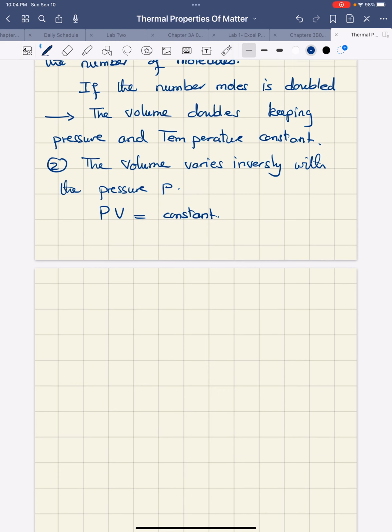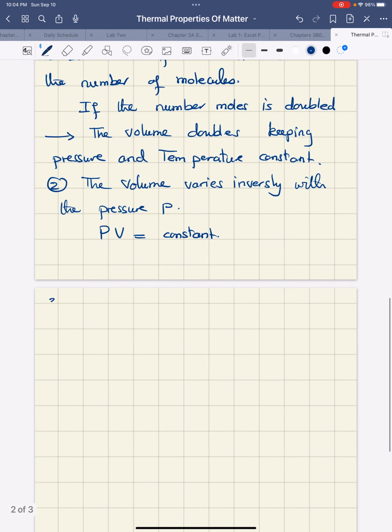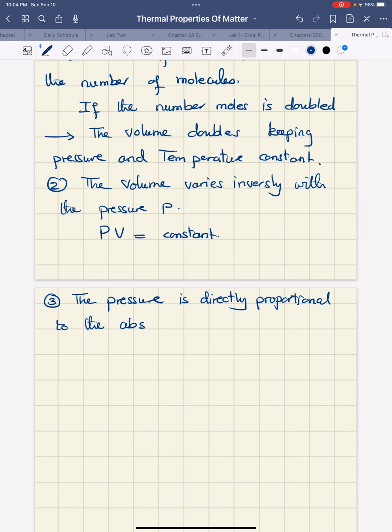Now also, the third important conclusion from experiments is that the pressure itself is directly proportional to the absolute, or Kelvin, temperature.